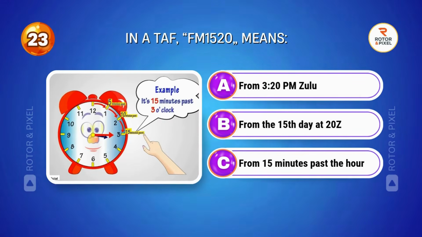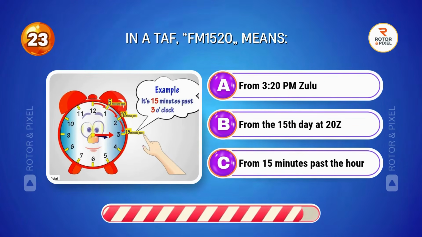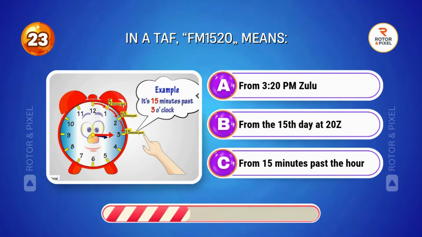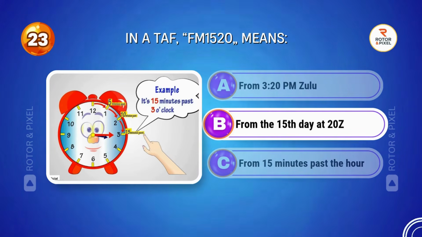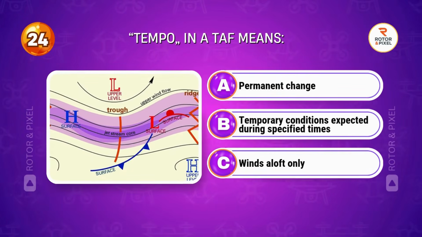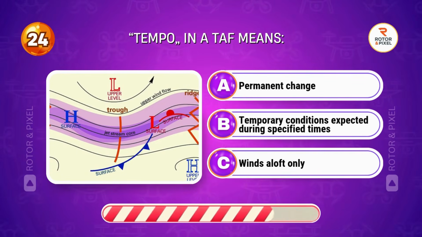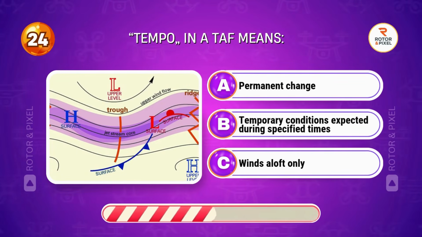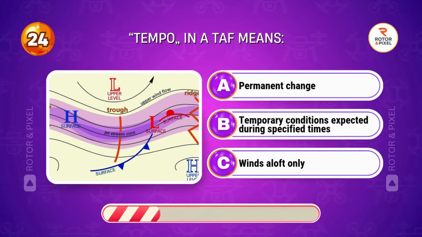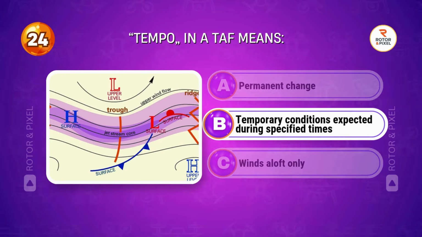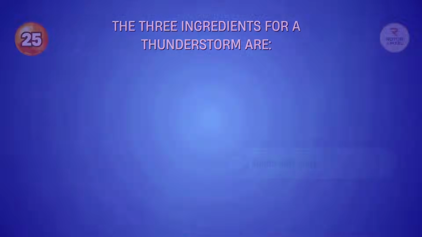In a TAF, FM 1520 means? Answer B, from the 15th day at 20. TEMPO in a TAF means? Answer B, temporary conditions expected during specified times.